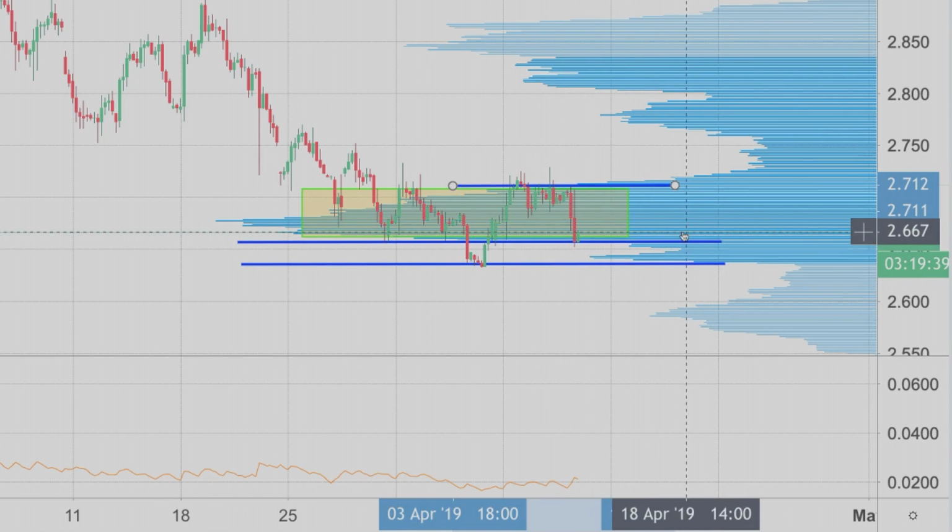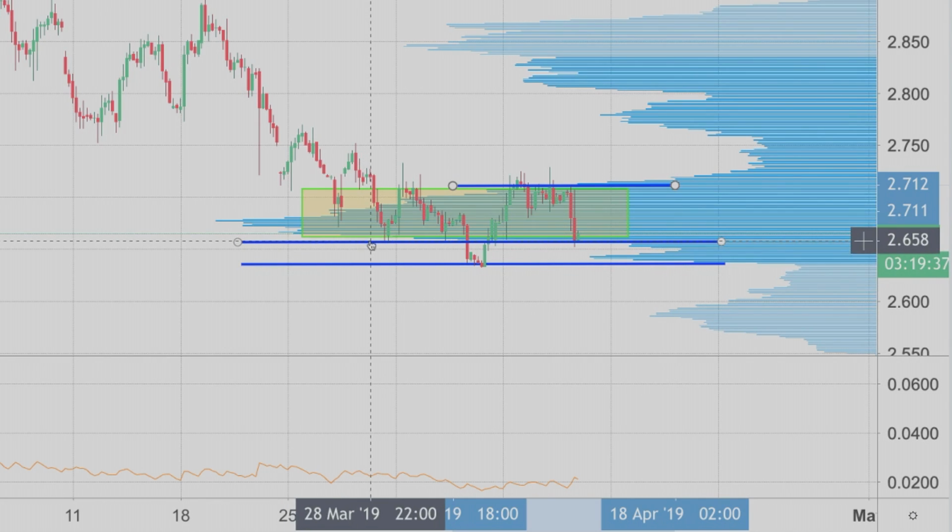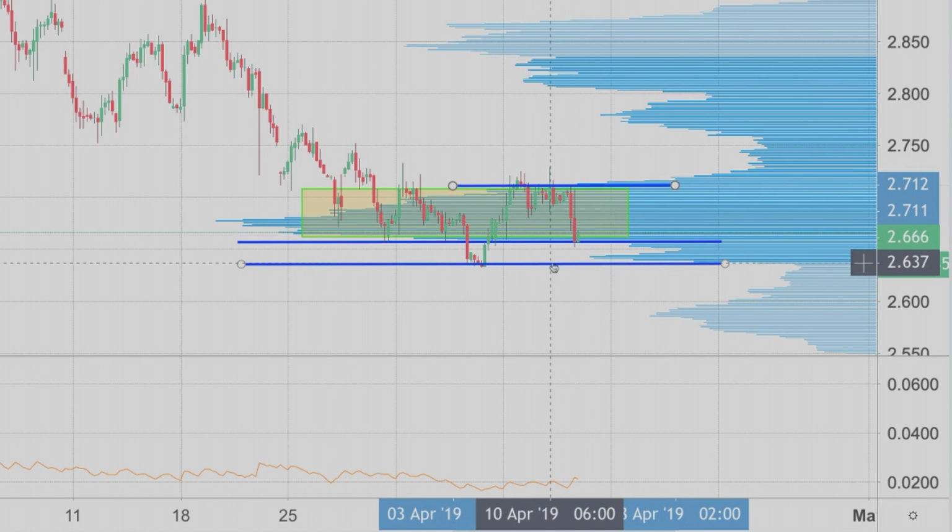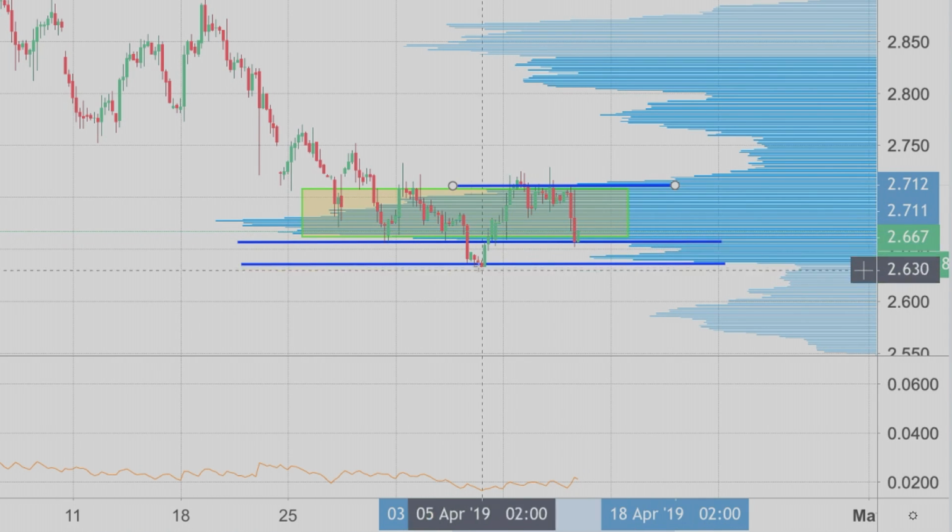So this is the thesis for this particular trade. Here is where I find resistance, right on the edge of the profile. And then I'll use one ATR, and we talked about the ATR in a previous video, as taking into account any of the daily noise that could potentially happen. And we can already see right now that there was a small wick that came out here.